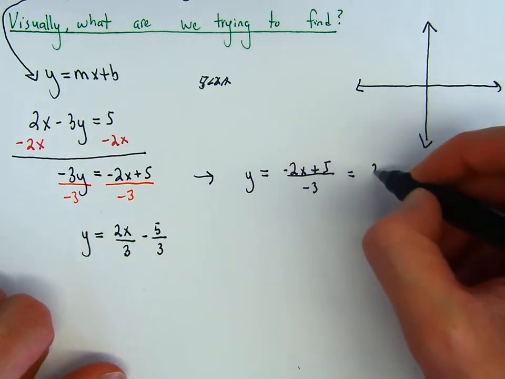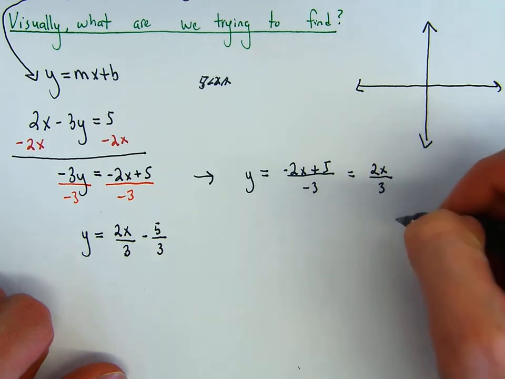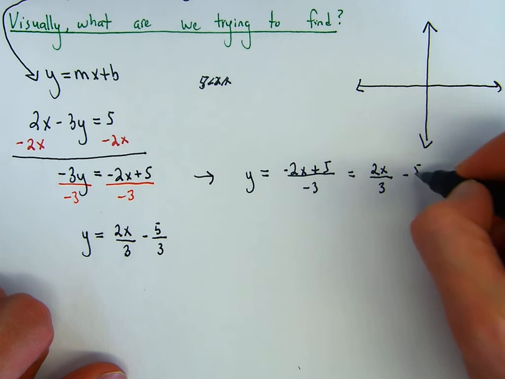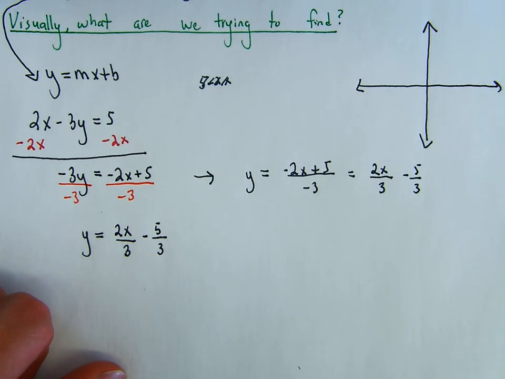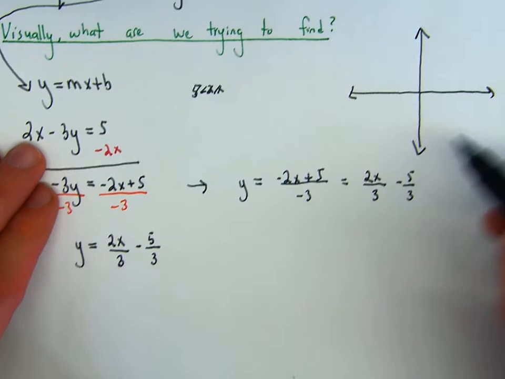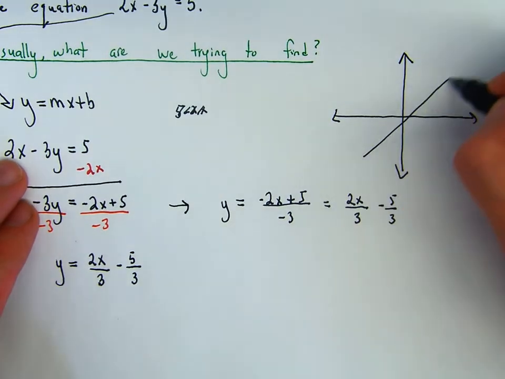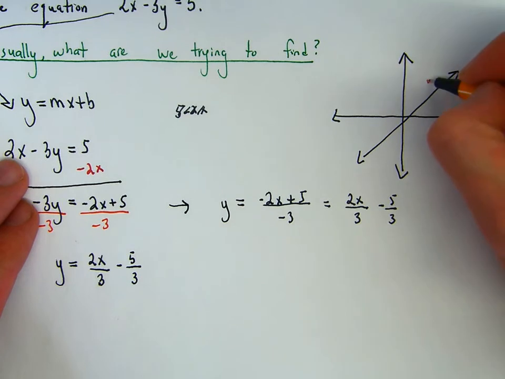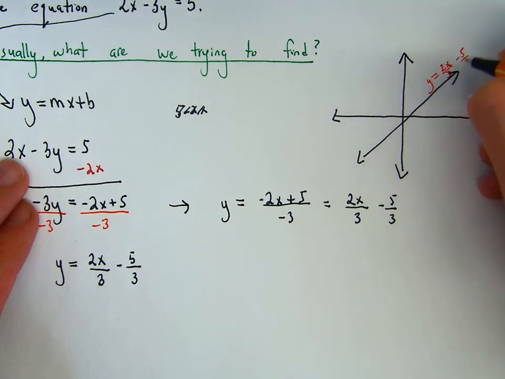That is positive 2/3 x. And then positive divided by negative is minus 5 over 3. Okay? So we have that here. The idea is you have this line, let's say the line looks like this. This line is y equals 2x over 3 minus 5 over 3.